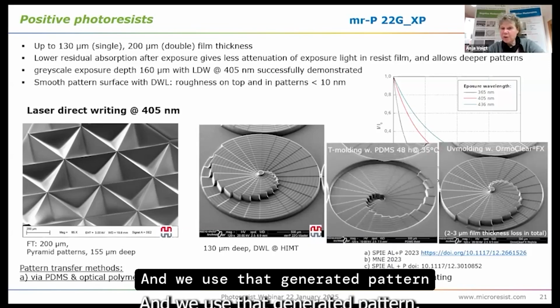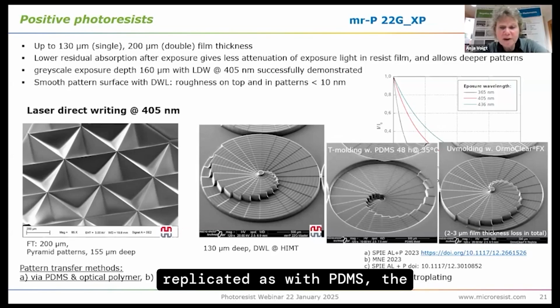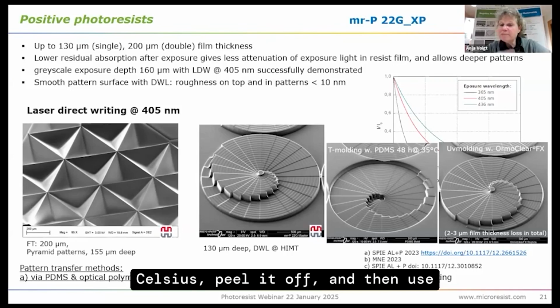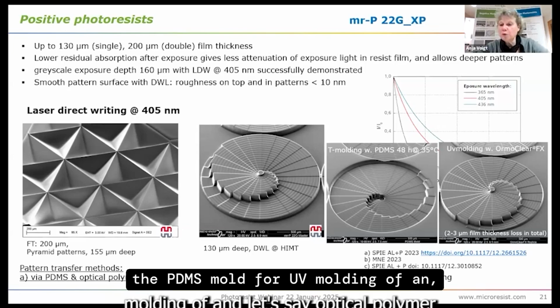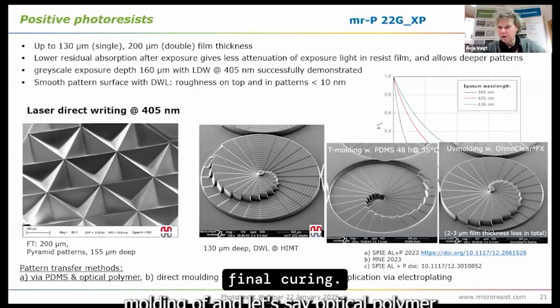And we use that generated pattern for replication purposes. We replicated it with PDMS thermal molding: put PDMS on top, cure it at a gentle temperature for 48 hours at 35 degrees Celsius, peel it off, and then use the PDMS mold for UV molding of, let's say, an optical polymer for final curing.